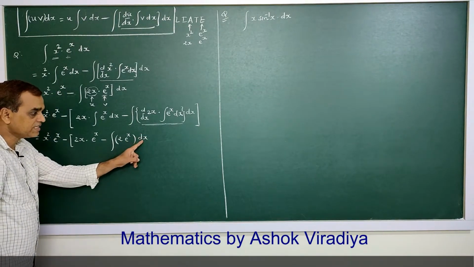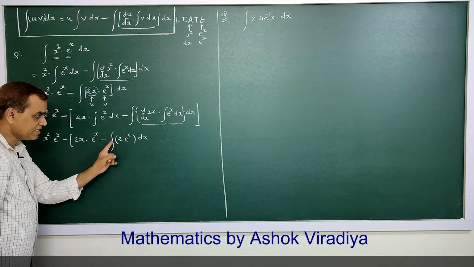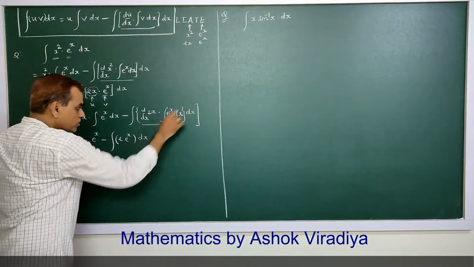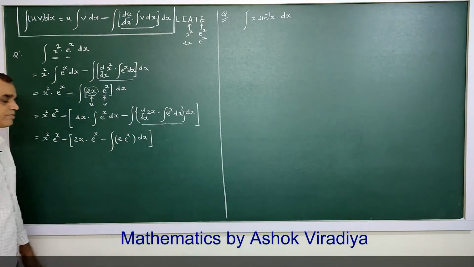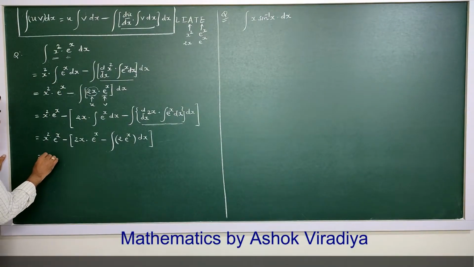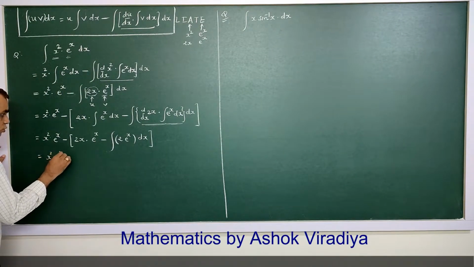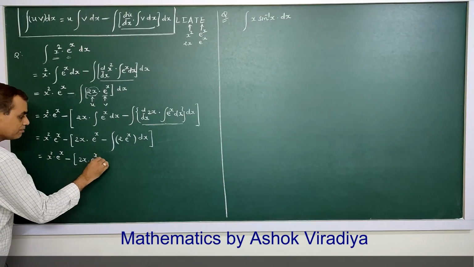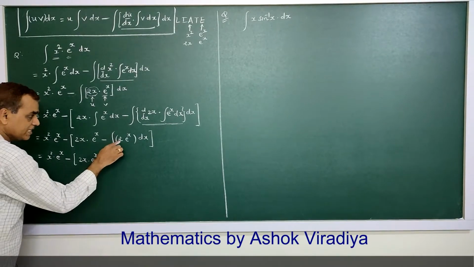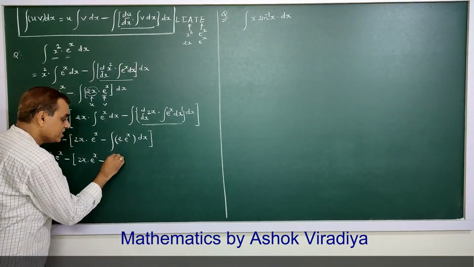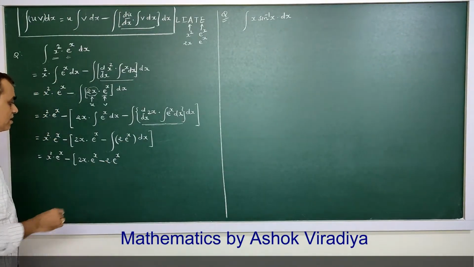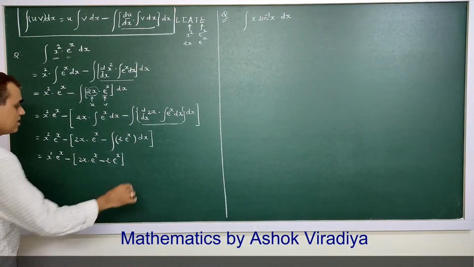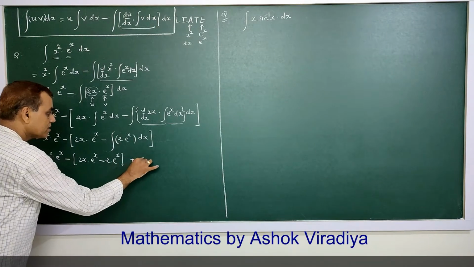Don't miss this dx. With every symbol of integration there must be dx. Close the bracket. So it is equal to x square into e raised to x minus 2x into e raised to x minus 2, as it is, integral of e raised to x is e raised to x. Close the bracket, and at last we keep plus c.